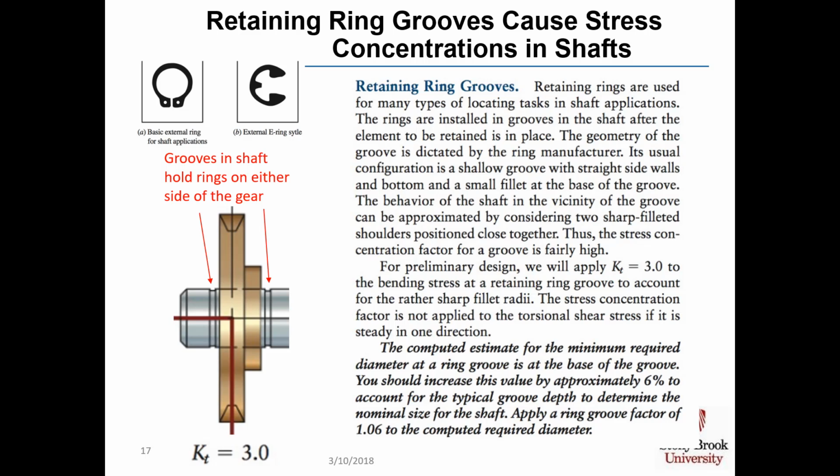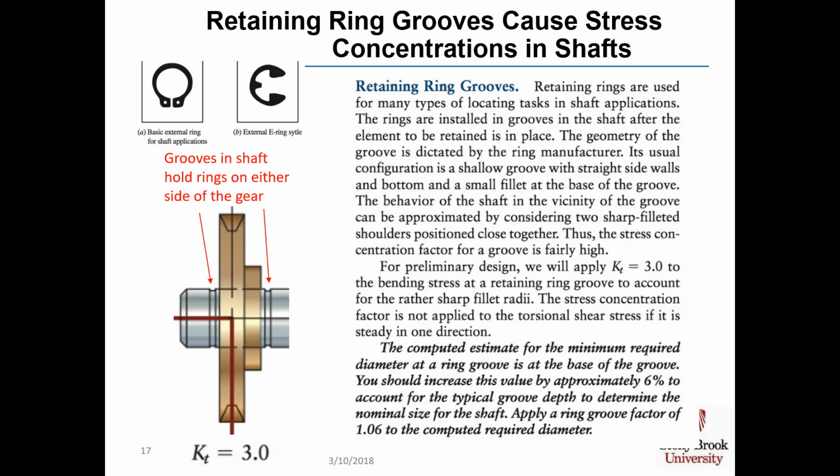What you find when you go shop for one of these rings online is they actually tell you exactly the size of the shaft that they're designed for. They tell you that if you want to buy a certain ring, you're buying it for this standard diameter of a shaft, and you have to machine an exact diameter of a groove.